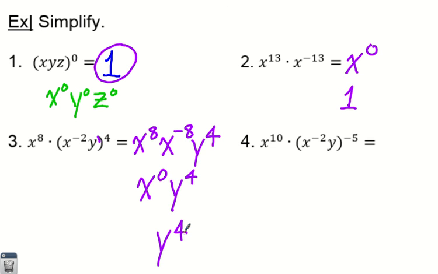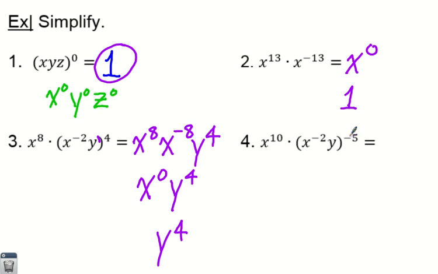Looks like number 4 is really similar. Again, I don't care if this is negative or positive. I can deal with the negative powers later. I mean, you could do it right away, like I said before. You could change this to a positive power by doing the thing, or this negative. But I usually like to deal with negative powers at the very end. That's just my preference.